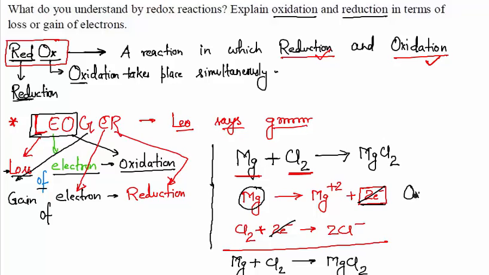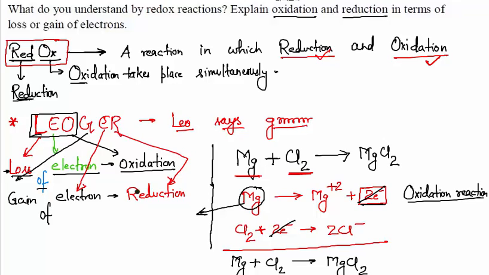So this is your oxidation reaction. Why is it an oxidation reaction? Because magnesium is losing electrons, and loss of electron is oxidation. So you can say that oxidation of magnesium takes place.